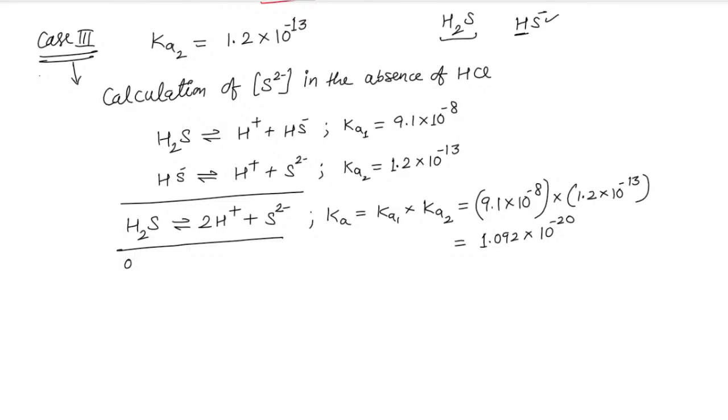See, initially H2S is 0.1 molar, and the products are 0 initially. Now at equilibrium, it becomes 0.1 minus, instead of X, now it is Y. HS negative is cancelled by HS negative.